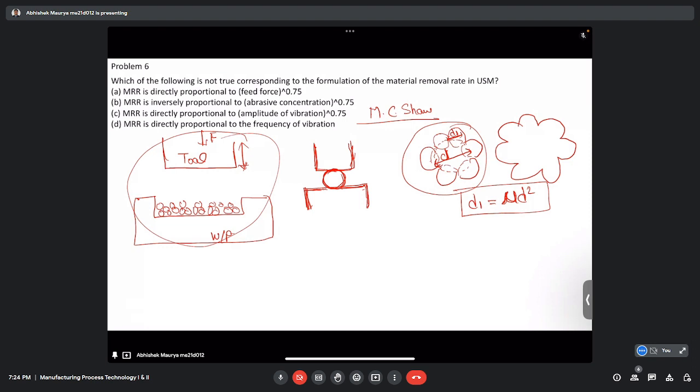assumed a model. I will not explain the whole derivation, I will just try to show you what kind of configuration he used in order to derive the complete material removal rate. So I am drawing just a schematic of it.